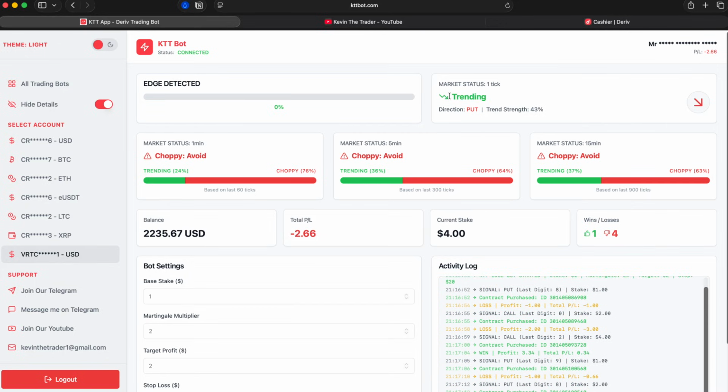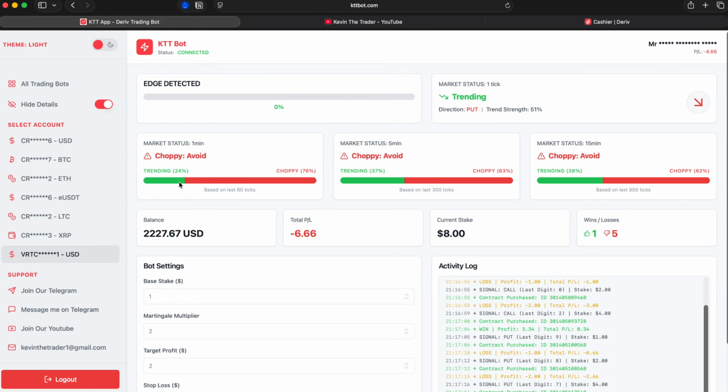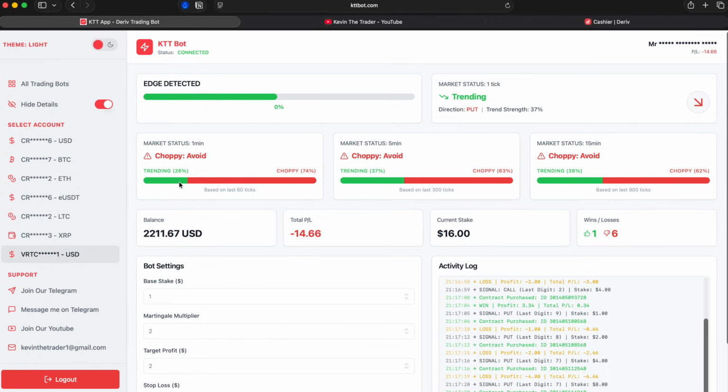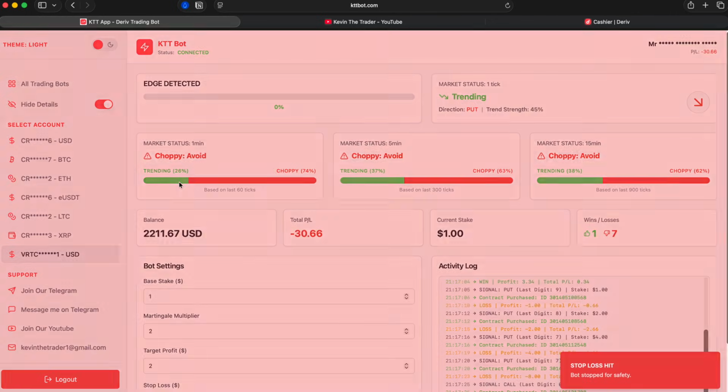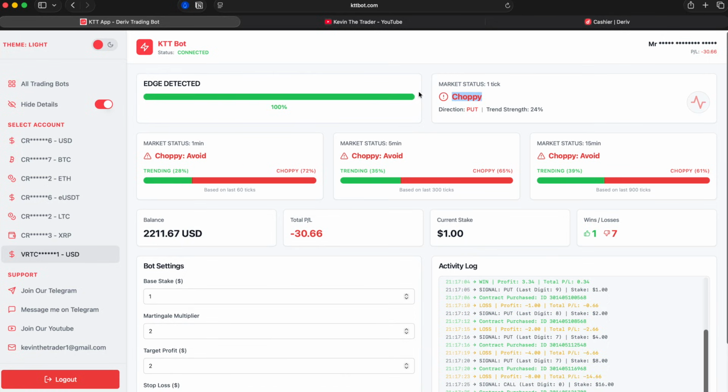Now the market is trending, and here it is below 24%, right? That's why I'm losing. As you can see, guys, that is how I lost, because I didn't look at this point.